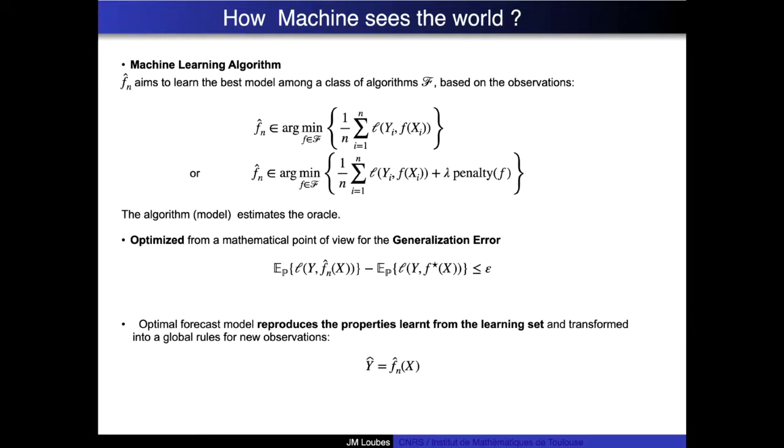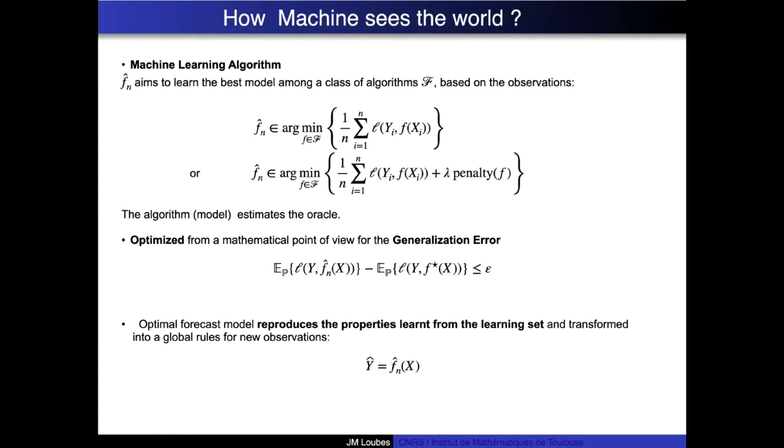And sometimes, to prevent overfitting, you don't want only to minimize the loss, but you maybe want to add a penalty controlled by a parameter, lambda, that is a way to measure a trade-off between the complexity of the model or the smoothness of the function and the closeness to the observation. So you have built this model, and you are very confident that you can use your new model to forecast new observations.